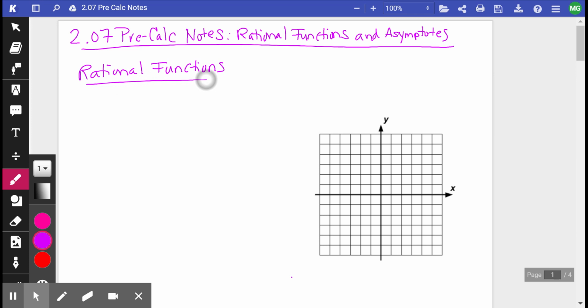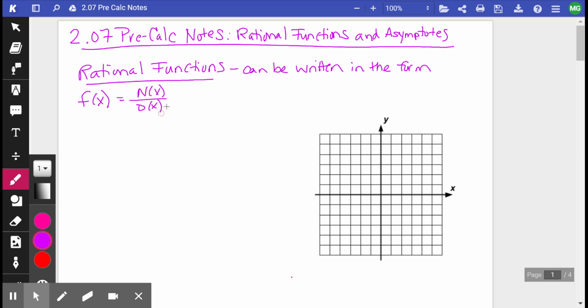And a rational function can be written in the form of f of x equals n of x over d of x.